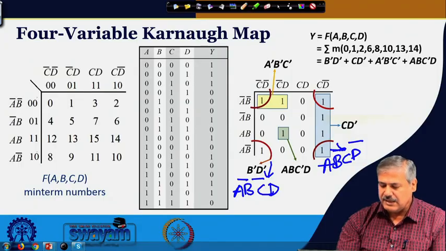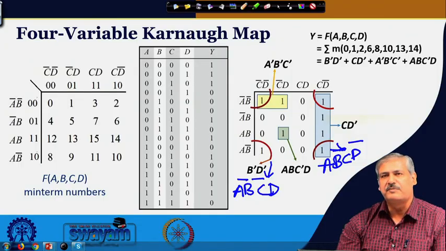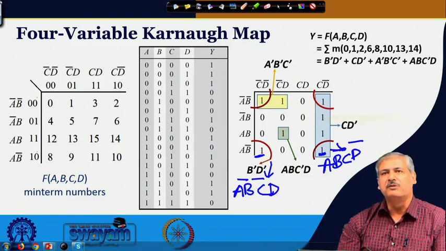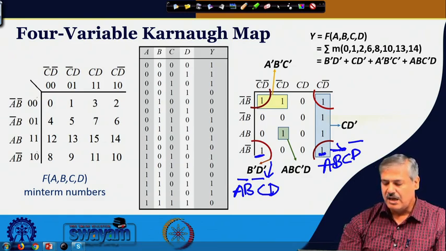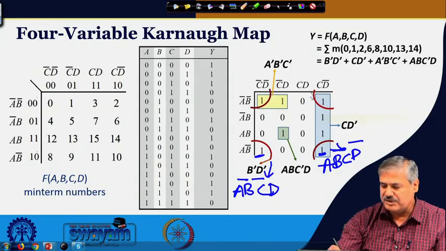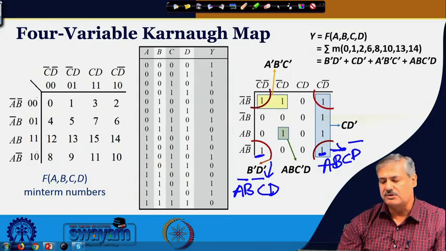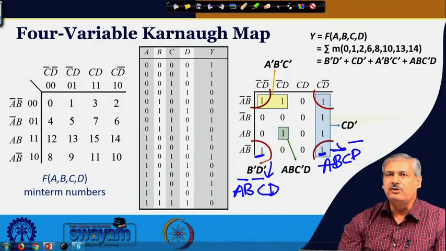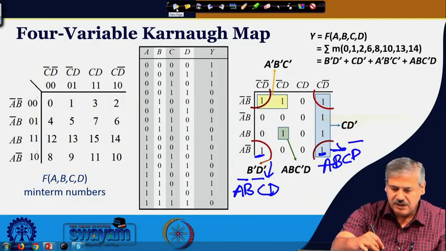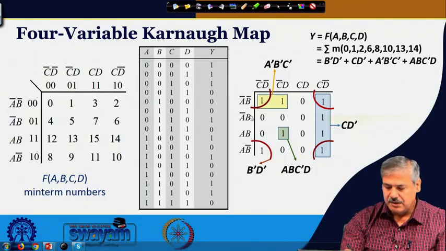So, if only this one and this one are present, we can form a group of these two. And what will be remaining constant? A, B prime, C prime, because D is changing. That will be the corresponding term. So, all these 4 corner terms, the ones shown with the brown shading, can be grouped together, and the term that is remaining constant for them is B prime.